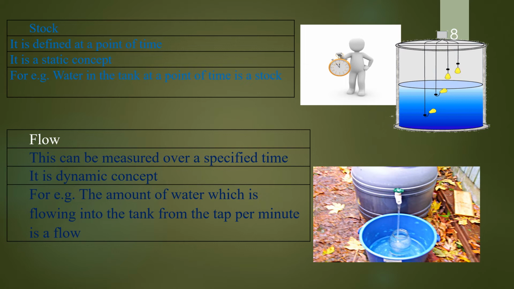Now let us discuss the stock and flow concept. In economics, while we discuss national income, we come across concepts like stock and flow. While discussing some economic variables, a few variables we call stock concepts and a few we call flow concepts. Any variable that you measure at a point of time, we call it a stock.